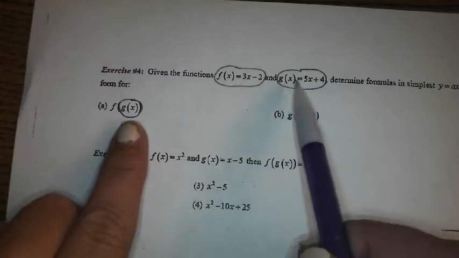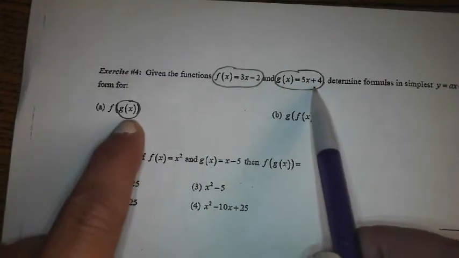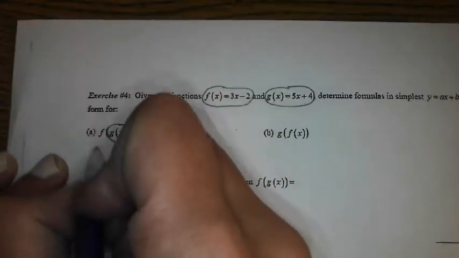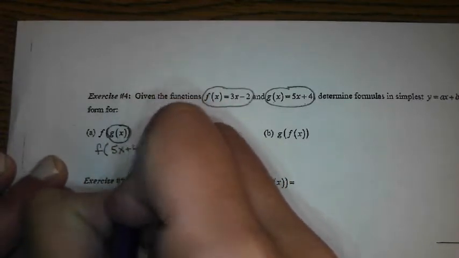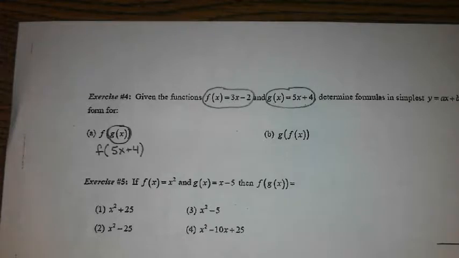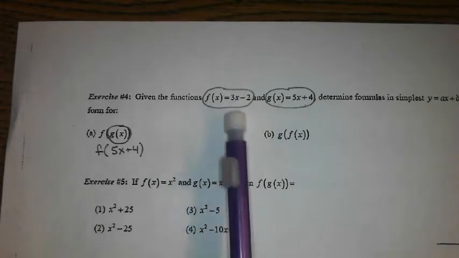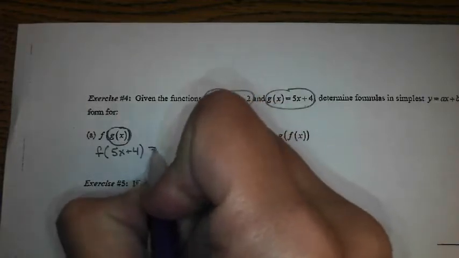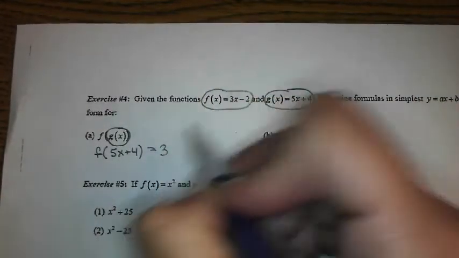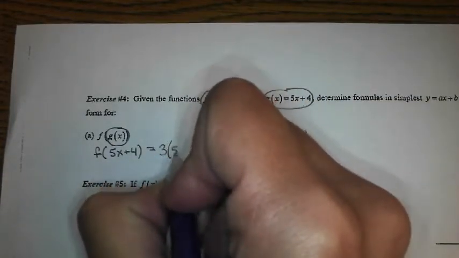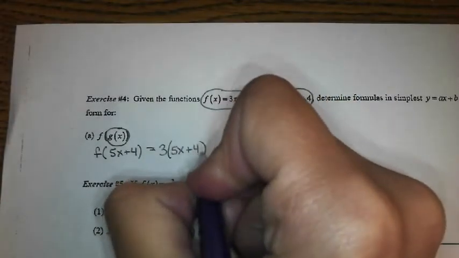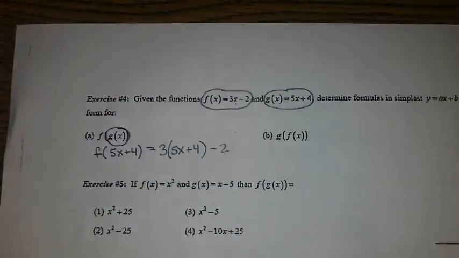And I know that g of x is 5x plus 4, yes? So I'm just going to do f of 5x plus 4, which we did yesterday. Requires plugging 5x plus 4 into the f of x function. So it's 3, and I'm taking out the x and plugging in 5x plus 4. And then the minus 2 is at the end.